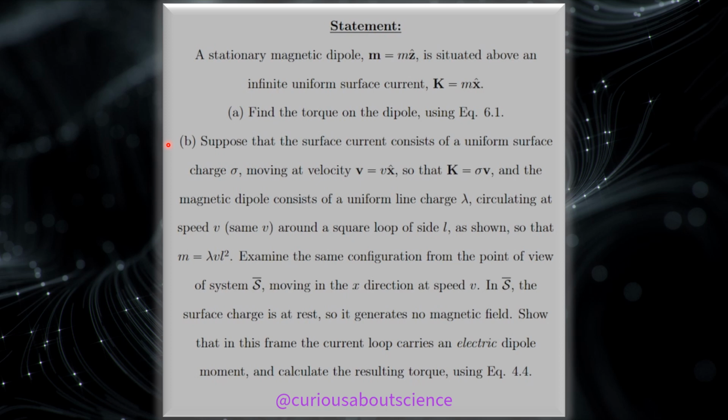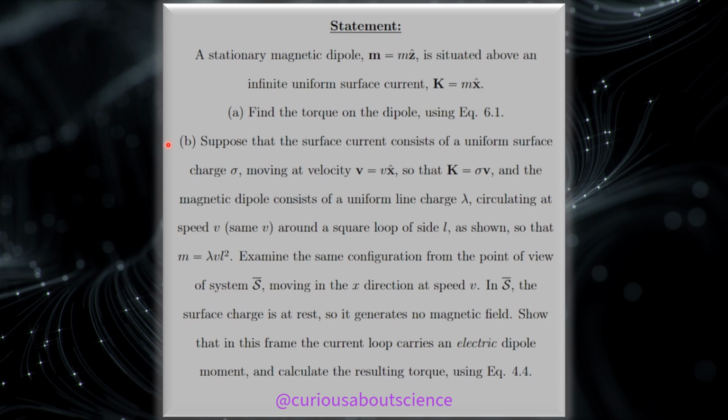B. Suppose that the surface current consists of a uniform surface charge sigma moving at velocity v = v x-hat, so that K = sigma v, and the magnetic dipole consists of a uniform line charge lambda circulating at speed v, the same v, around a square loop of side length L as shown, so that m = lambda v L squared.